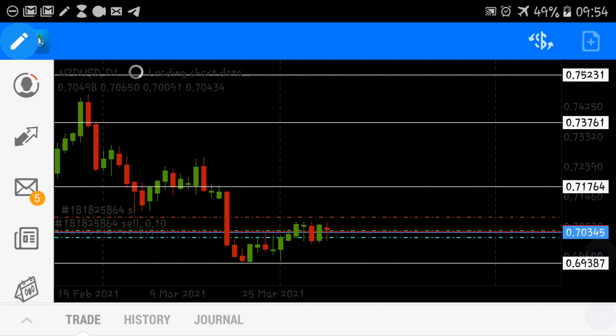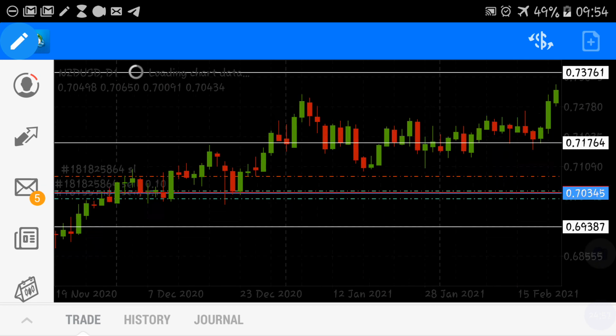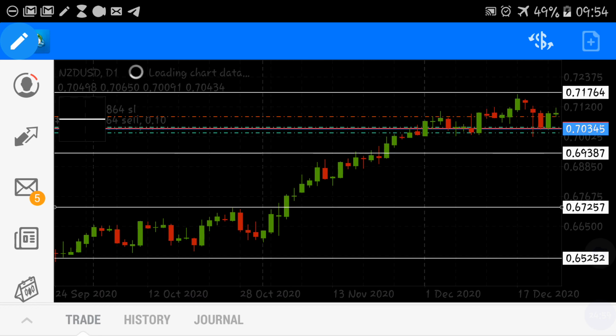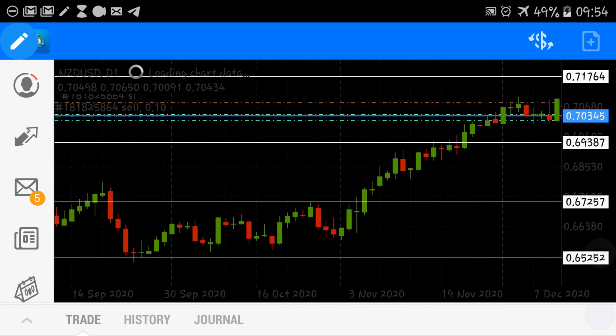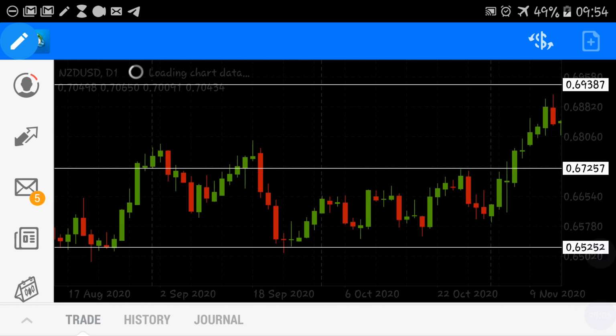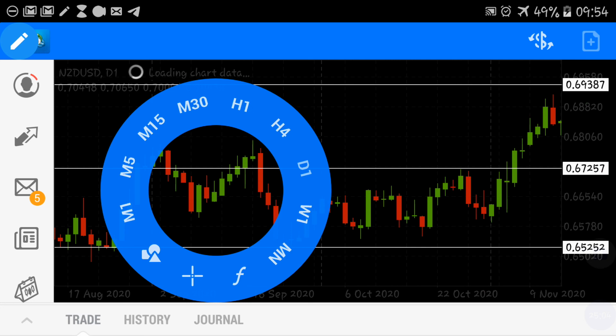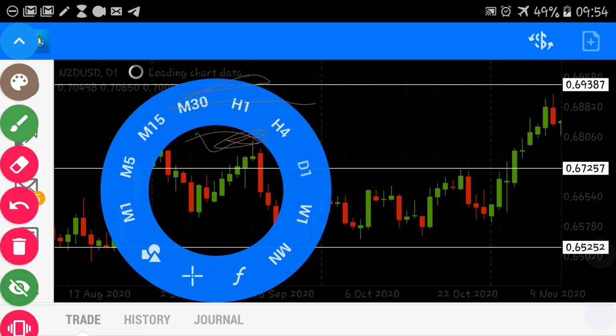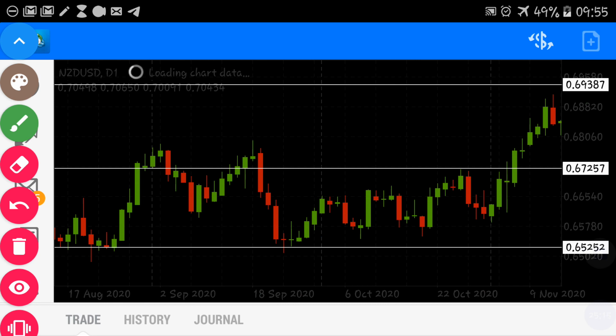Okay, now as soon as I scroll, you'd see areas where price actually bounced off of the lines, right? You'd see where price has bounced off of those lines in the past.